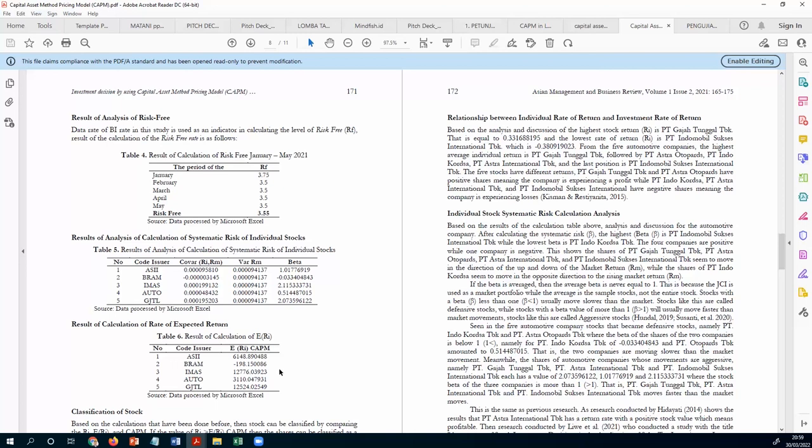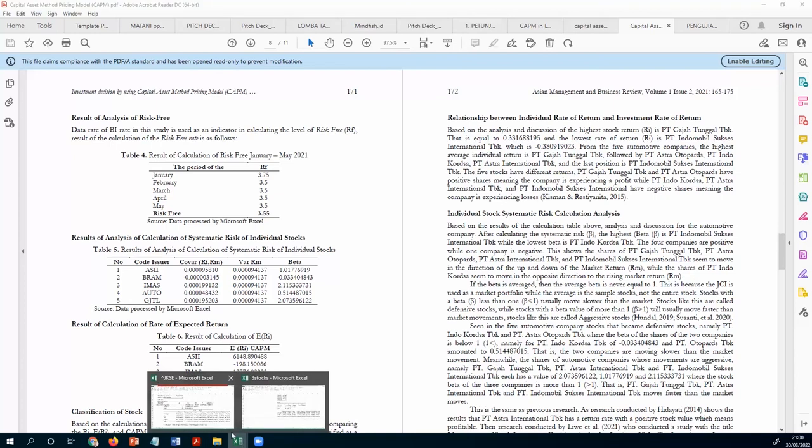The return on the market is the return on the market IHSG. What is the return? And then minus the risk-free. So the return on the market will be like this.